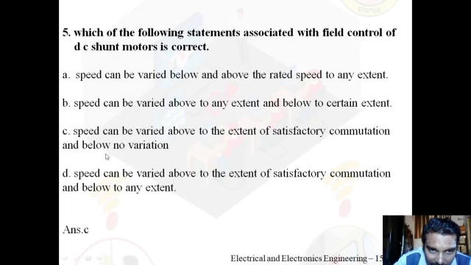Below the rated speed, we are not varying the speed of the motor. Speed control above the rated speed is possible, below the rated speed is not possible. Therefore, you can go for option C.